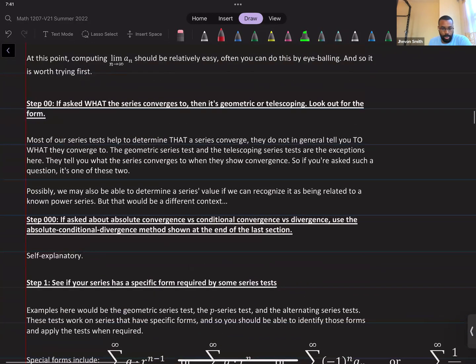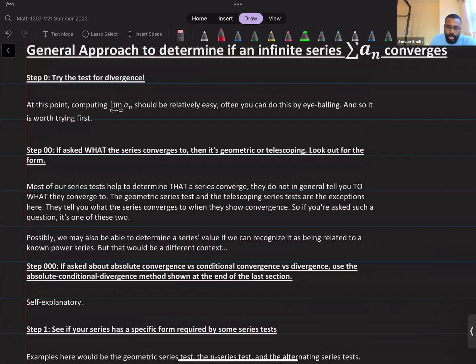Also, I just want to point out some common mistakes. So here, for the divergence test, if the limit of a_n does not equal 0, it diverges. It's very important: no conclusion otherwise.